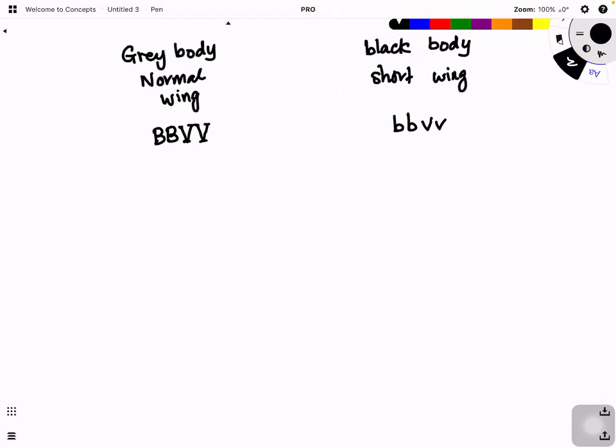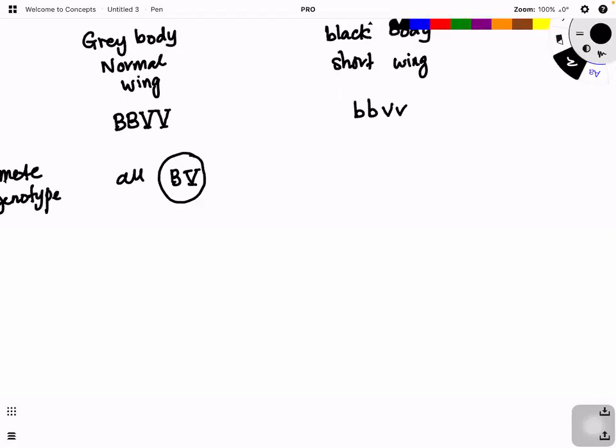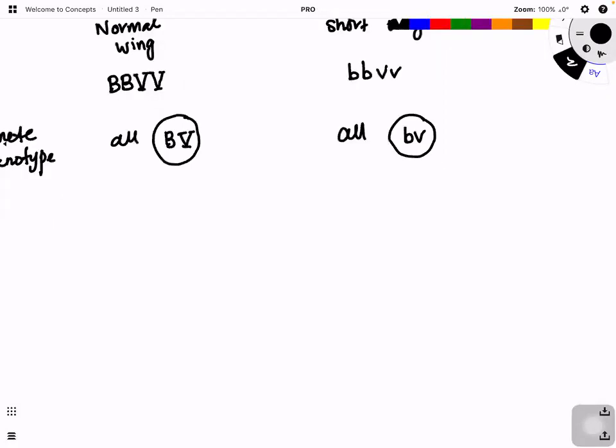Okay, so what are the gametes? In this case, you look at the gametes genotype. So one will have big B, big V. Correct or not? Here we have small b, small v. So when fertilization takes place, what will be my F1?